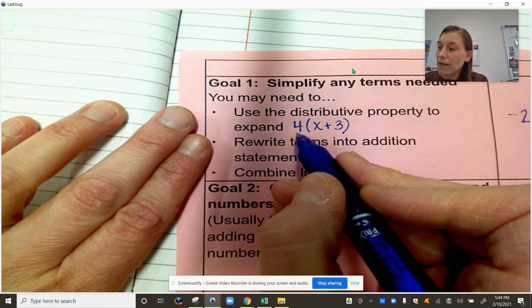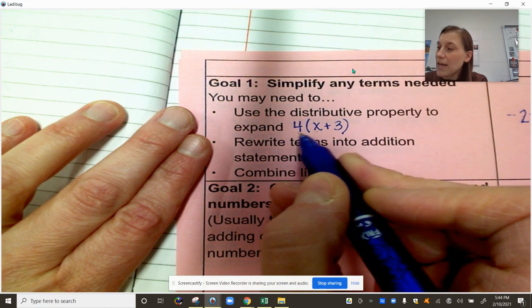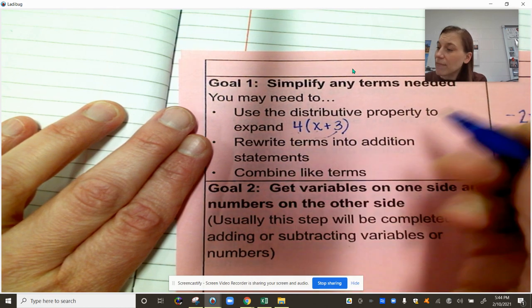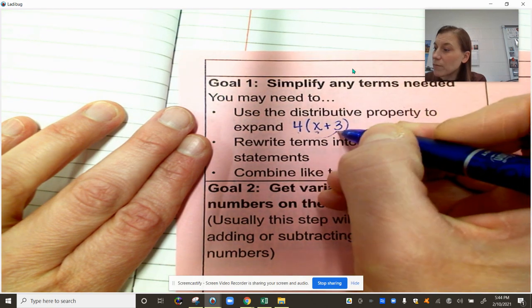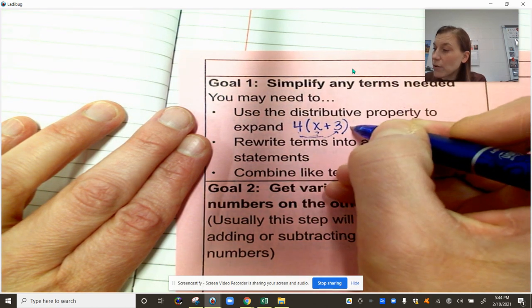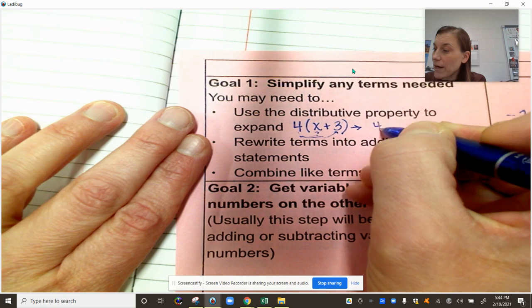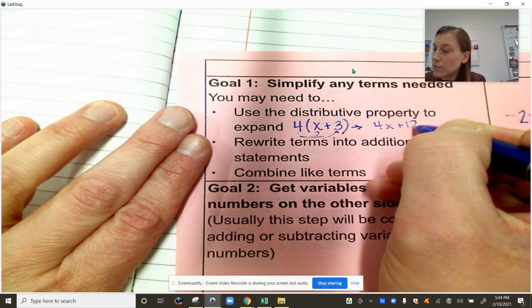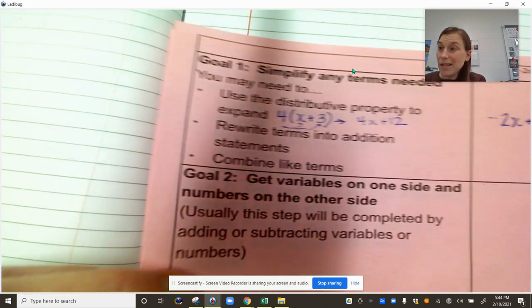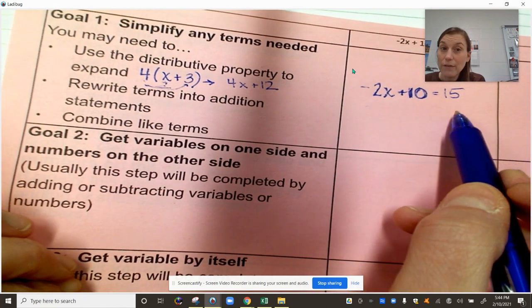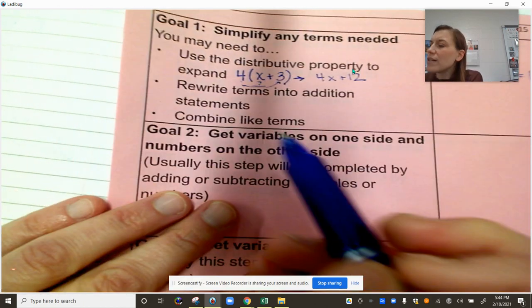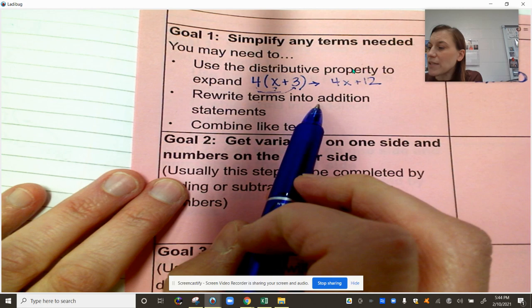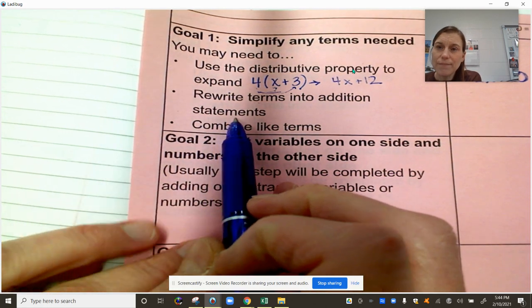You would have to multiply 4 times x and 4 times 3 first before you can begin doing anything else. In that case, that would simplify to 4x plus 12. But in my first example, I don't really have anything like that, so I don't have to worry about it.